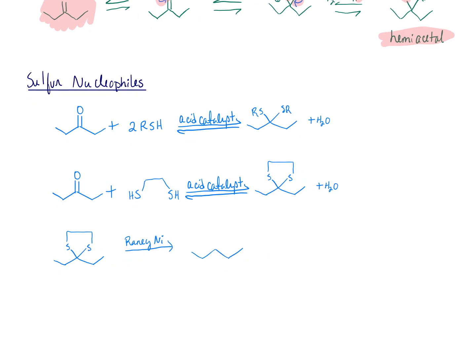Sulfur nucleophiles we haven't really talked about yet, but they work very similarly to what we've seen with alcohol. So if you have two RSH, those will form sort of an acetal-ish type of compound. I'm sure that has a name. I can't recall it at the moment, where we have two SR groups right there. And just like we use protection groups with the ketone before, we can use that as well with sulfur, making sort of a 5-membered ring here.